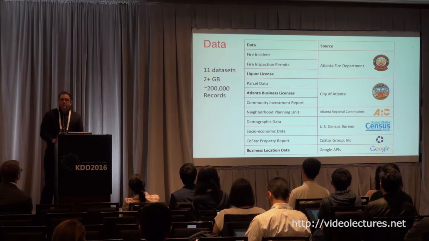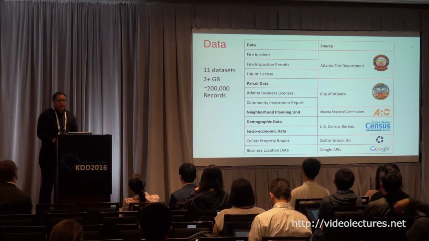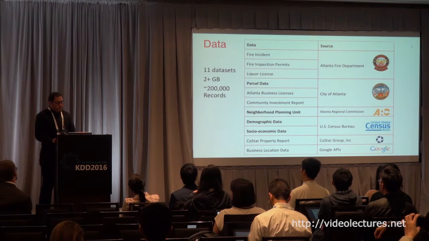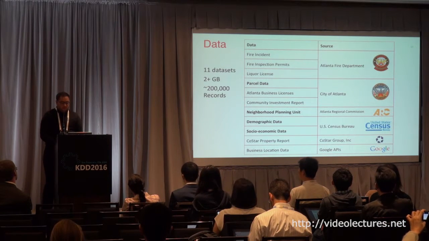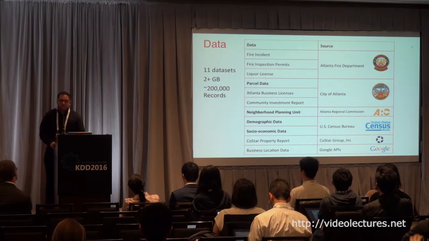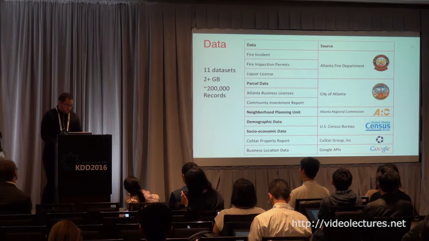We also have data about business licenses, and then we have data about particular geographic areas and the demographics of those areas. And I'm going to hand it over to Wenwen, who's going to talk about how we joined all of these different data sources together.